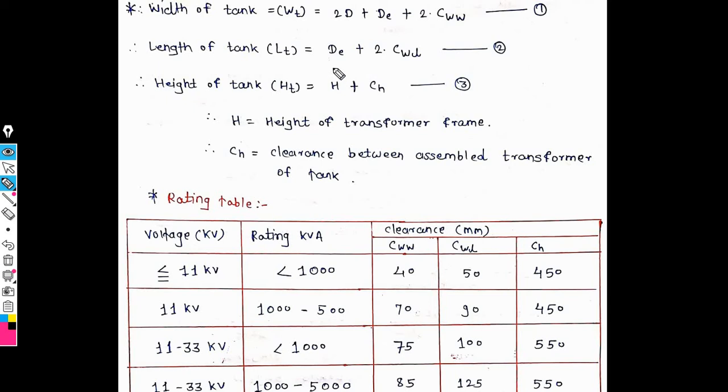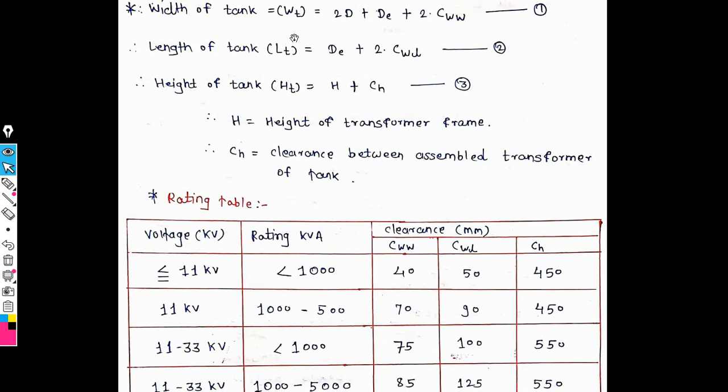Then length of tank LT is equal to DE plus 2 into CWL. And height of tank is ST is equal to ST plus CH, where CH means clearance between assembled transformer and the top of the tank.